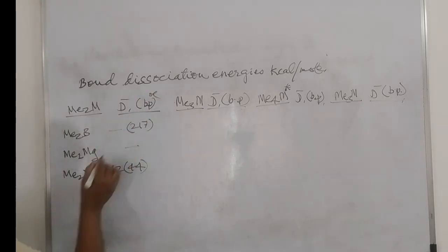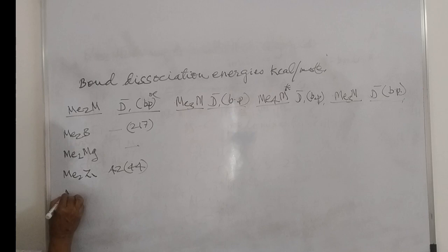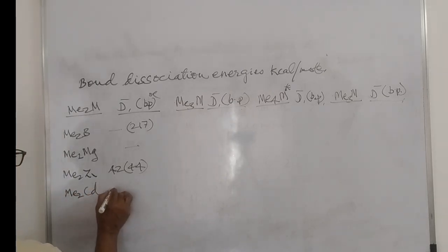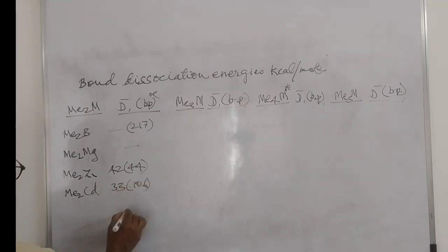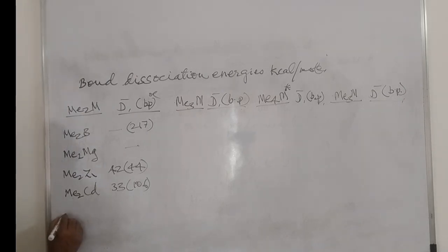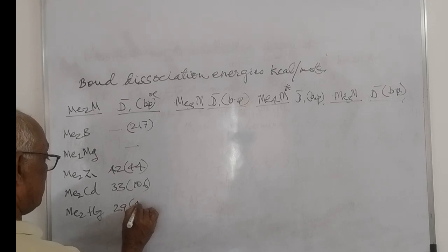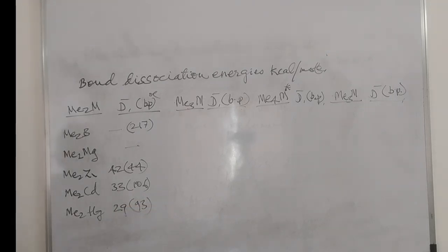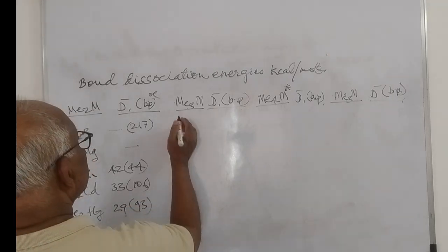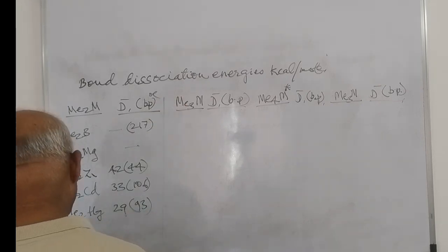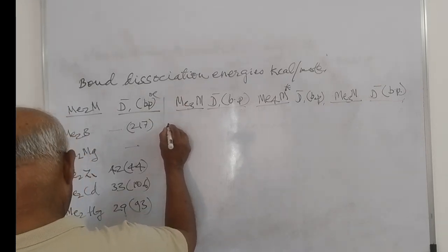BP is given in degrees centigrade. Then the next example is Me2Cd. It has dissociation energy 33 kilocalories per mole and boiling point 106 degrees centigrade. Then the next example is Me2Hg, and it has 29 kilocalories per mole bond dissociation energy and boiling point 93 degrees centigrade. And in this case, the example is Me3B.